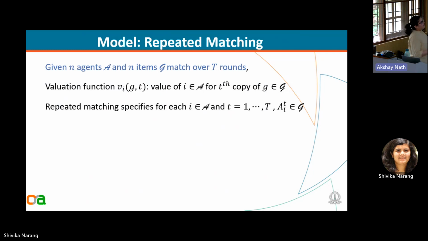So we want a repeated matching that for each agent and each round will specify a 1-1 matching. So each agent gets exactly one item and all the items are allocated, right?